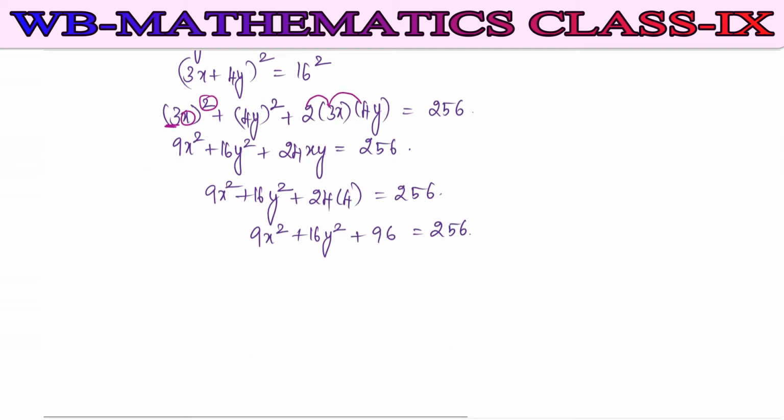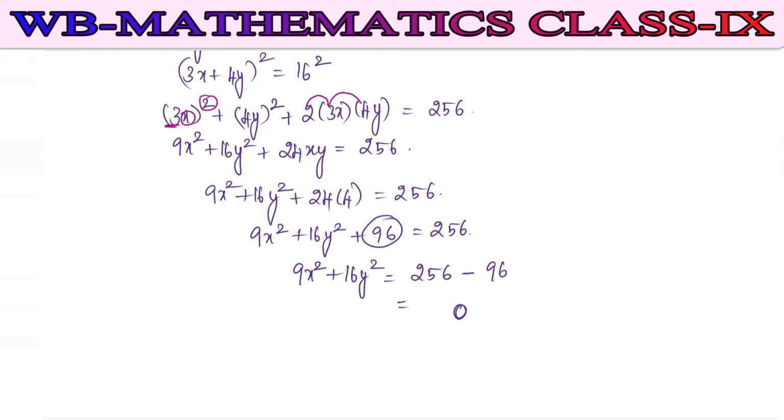So further if we simplify, 9x square plus 16y square is equal to 256. When you shift this plus 96 to the opposite side, it will become minus 96. So if you subtract, 6 minus 6 is 0. 25 minus 9, if you subtract, 160 is the answer. 9x square plus 16y square is equal to 160. This is the final answer.